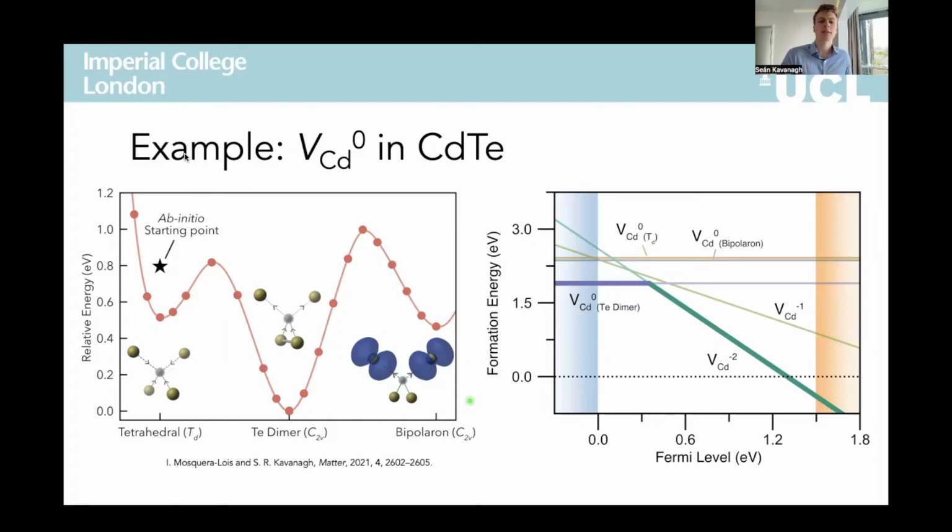So I imagine that this diagram on the right looks familiar to most here, but for those who aren't familiar, essentially it's the way that we analyze the thermodynamics of point defects in semiconductors within the field of computational defect modeling. They're called defect transition level diagrams or formation energy diagrams, and they plot the formation energies of defects in their various charge states against the Fermi level in the material, relative to the valence band maximum, which is set to 0 eV here.